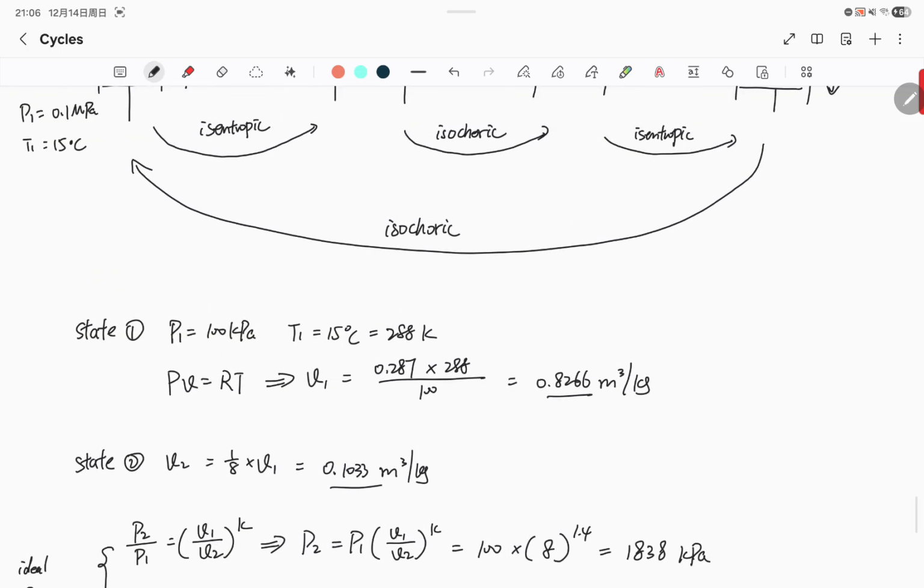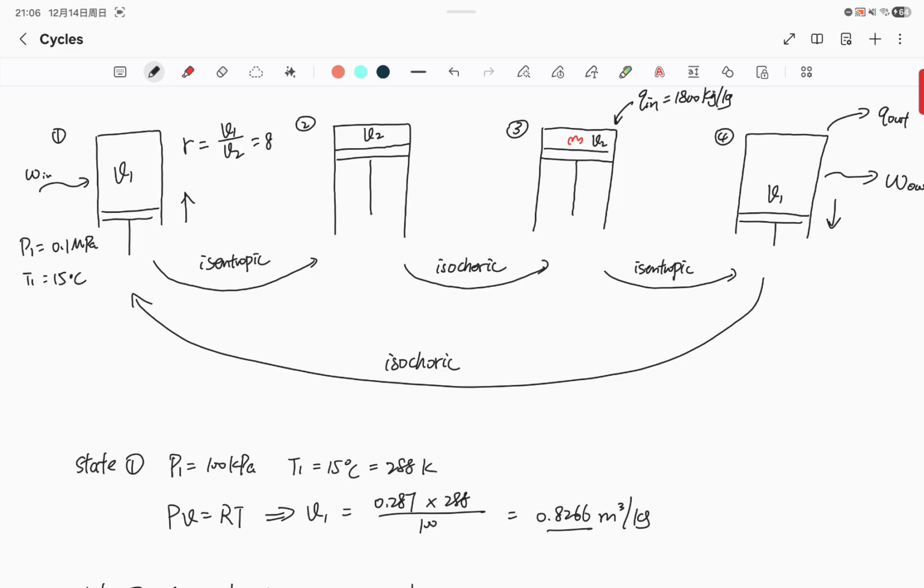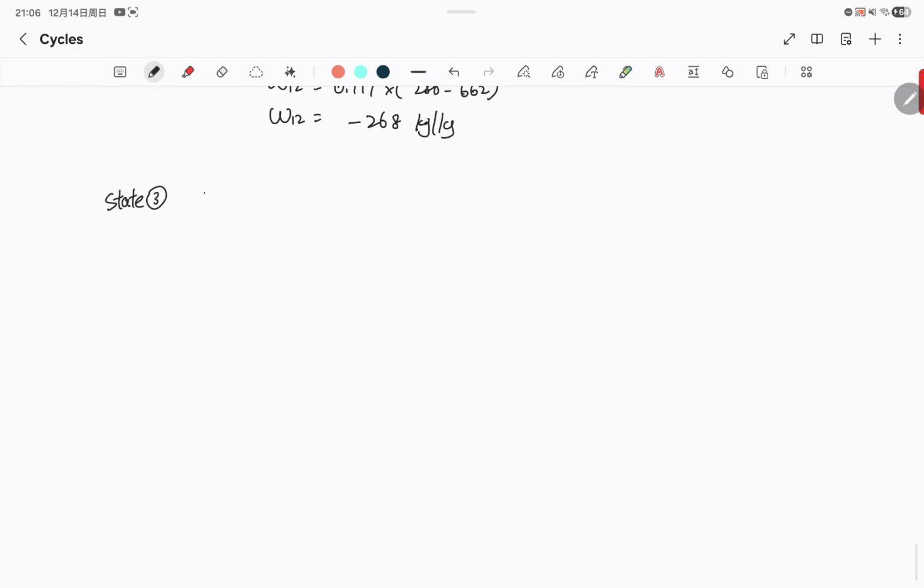Stage 3, what we have is volume that remains the same as V2. So we can say V3 same as V2. And Qin, that's given. We have 1800.